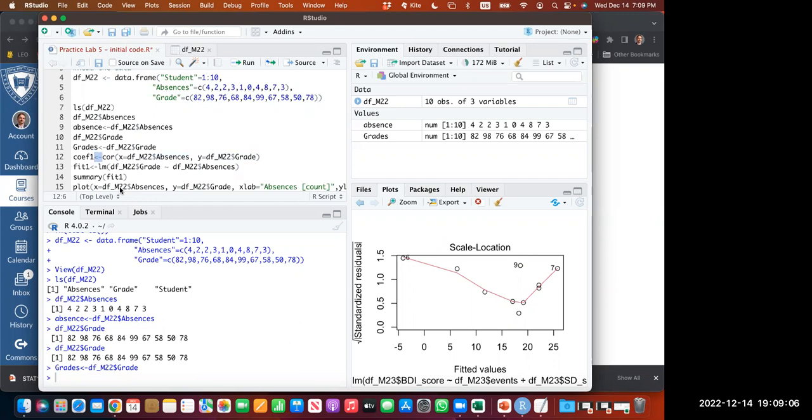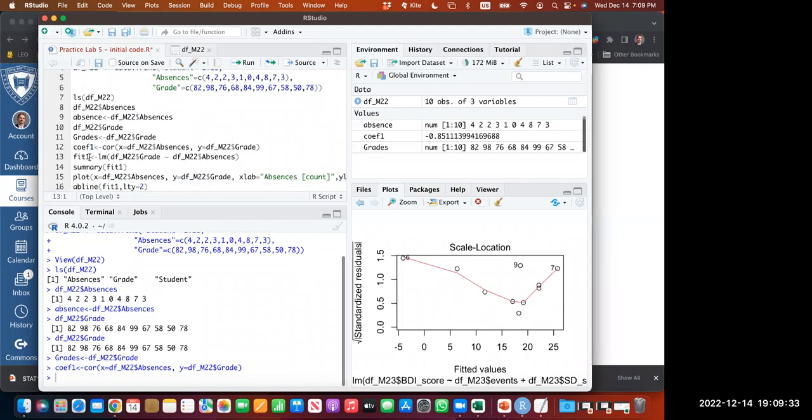Whenever you want to place some output or any model or a data frame into an additional object, you do that by stating this sign, a smaller sign and a hyphen, that will then pipe whatever you want to pack into that object. So you're developing a new object that contains only one value, which is the correlation coefficient.